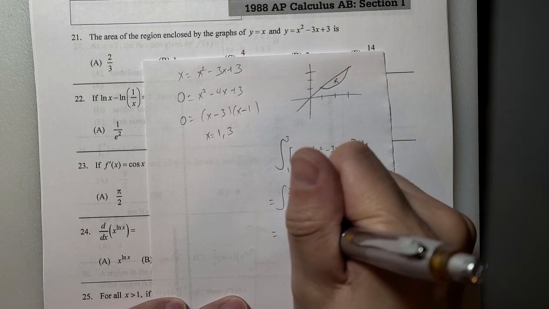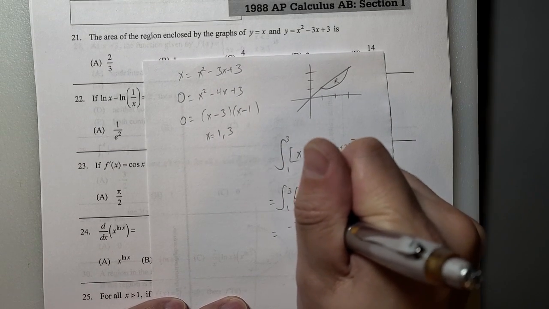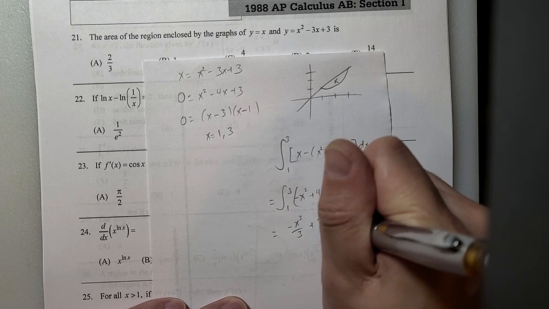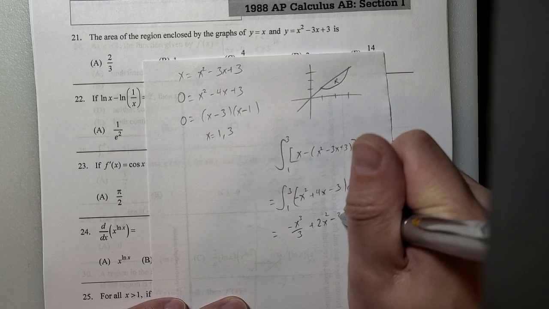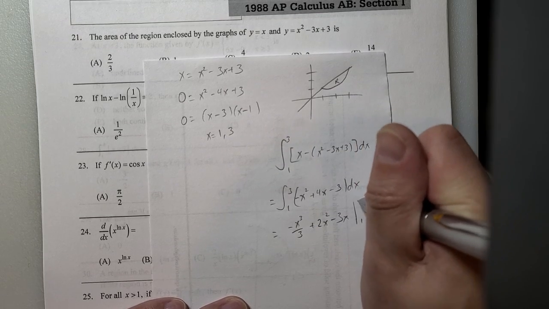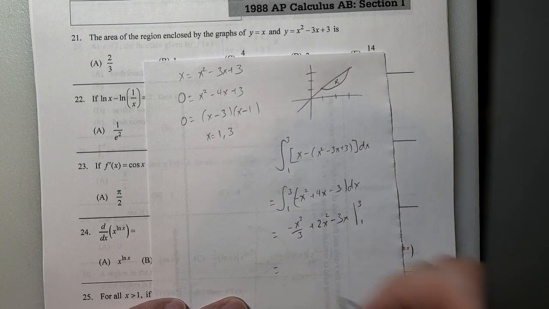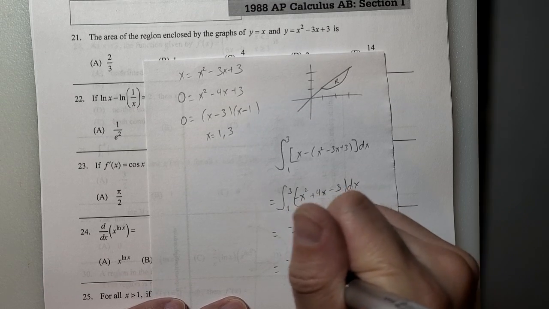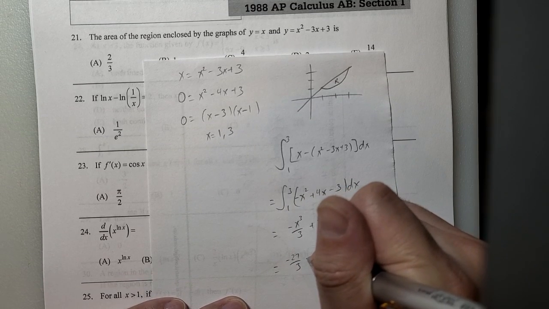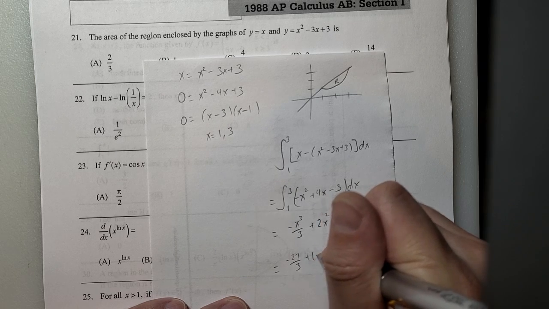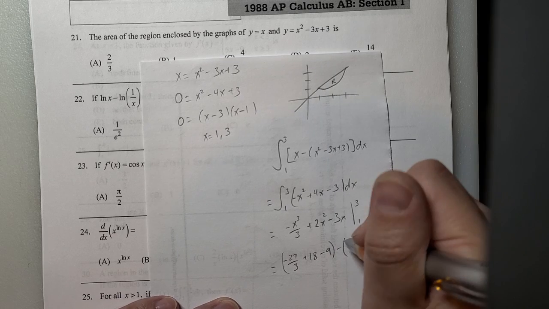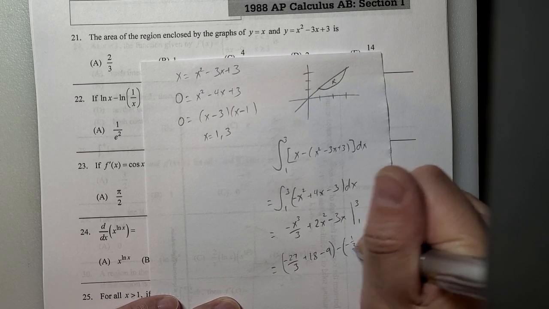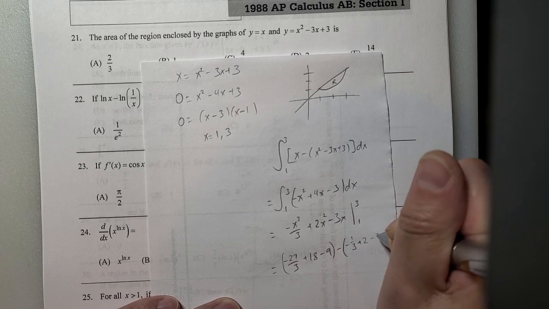So this is just power rule. It'll be minus x cubed over 3 plus 2x squared, sorry, minus 3x. Evaluate from 1 to 3. This is going to be tedious math. Minus 27 over 3 plus 18 minus 9 minus the third plus 2 minus 3.